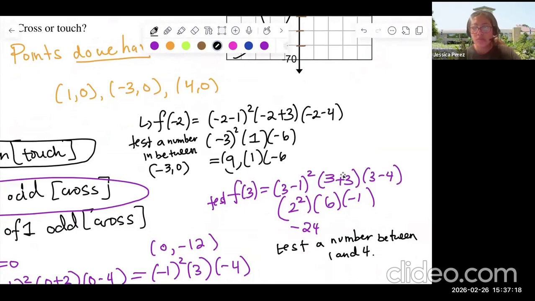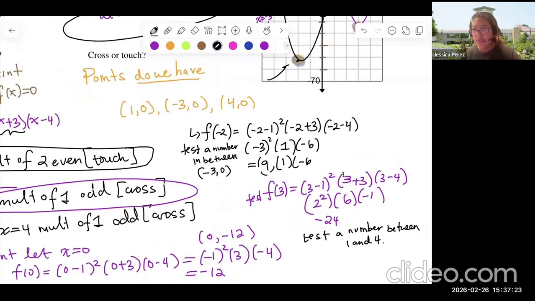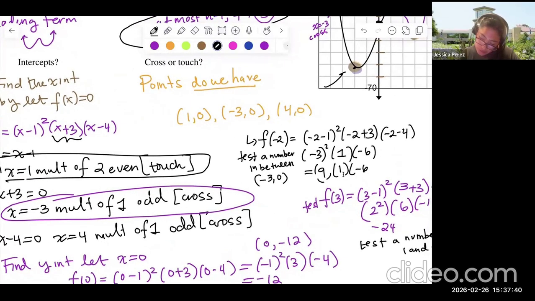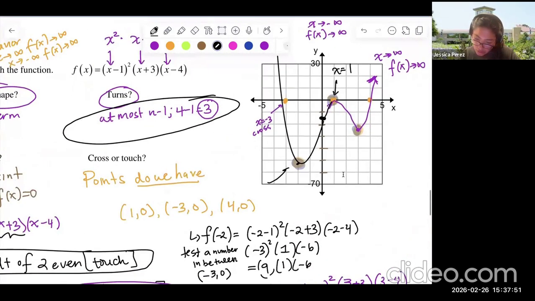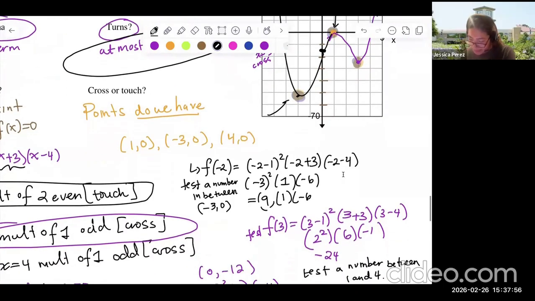You could have chosen 2. That could also work. But in this case, we chose f of negative 2. So when we substituted f of negative 2, we had negative 2 minus 1, that's negative 3 squared, negative 2 plus 3, that's a positive 1. And then we had negative 2 minus 4, which was a negative 6. So we had a negative 54.